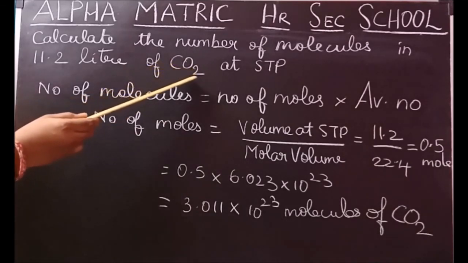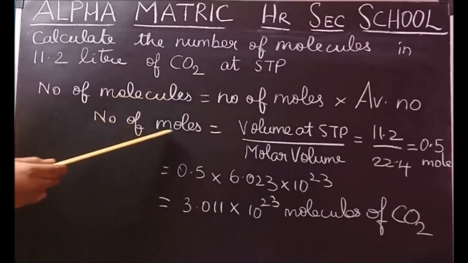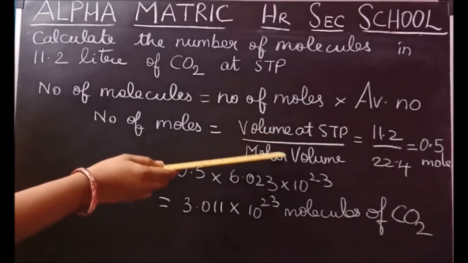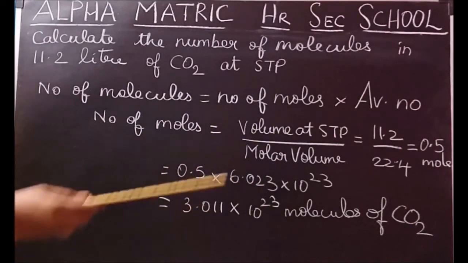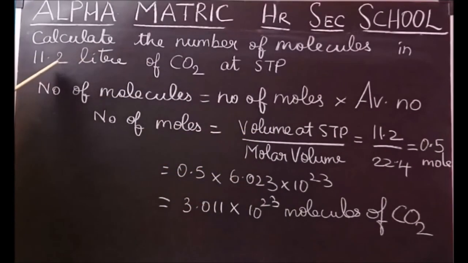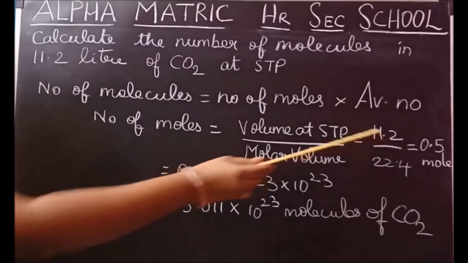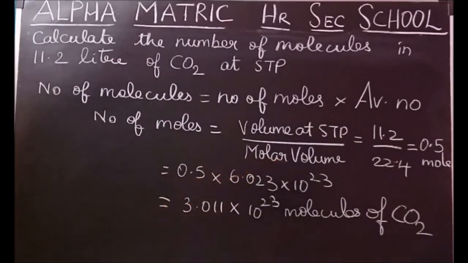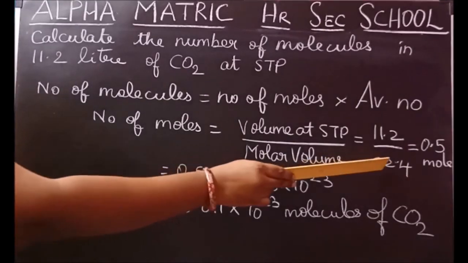For CO2, a gaseous substance, the number of moles equal to volume by molar volume. What is volume? It is given in the question, 11.2. Molar volume: for all gaseous molecules, molar volume is 22.4. We know that 1 mole of any gas occupies 22.4 liters. So molar volume equal to 22.4.